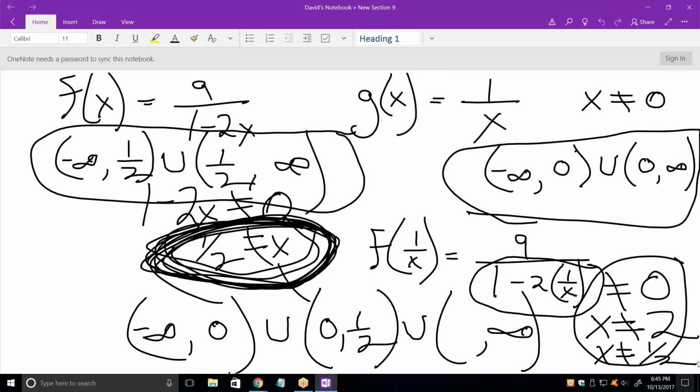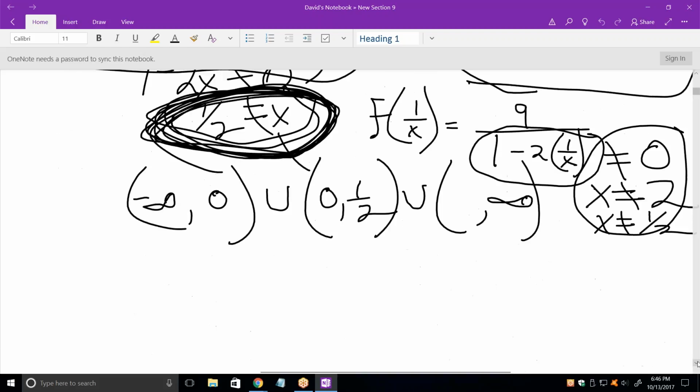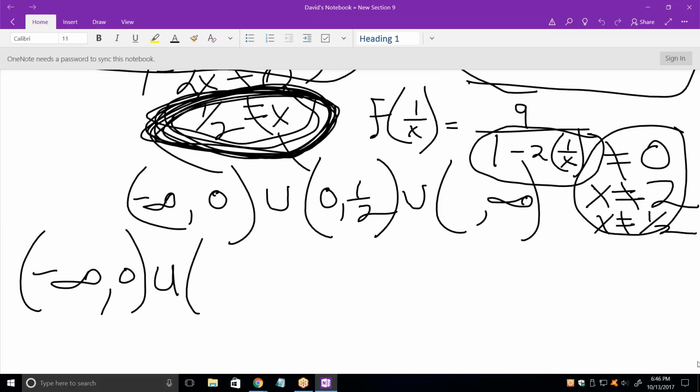Let me rewrite it again. So we have negative infinity to 0, since it can't be 0, combined with any number between 0 and 1/2, since it can't be either 0 or 1/2, combined with 1/2 to what?